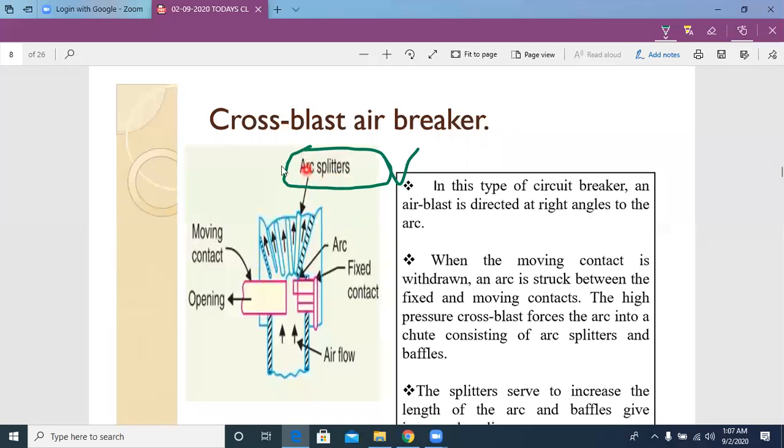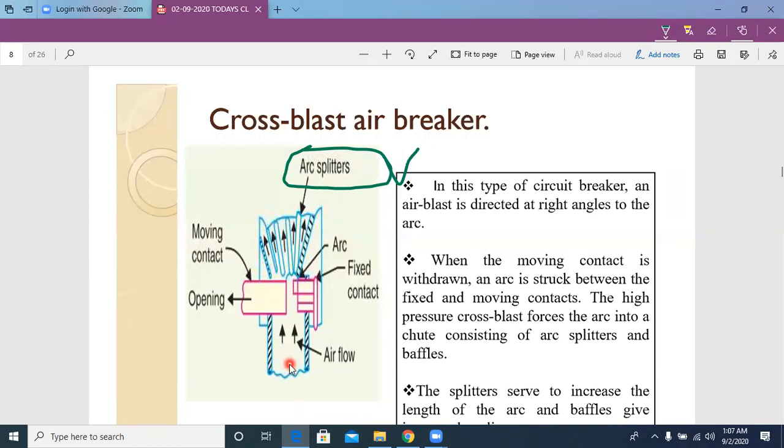Okay. So here it is, arc splitters. We know the advantage and importance of arc splitters, because of arc splitters we can increase the arc path length. Let's see some important things in this diagram. This one is the fixed contact, this one is the moving contact, and this one is the air, that means pressurized air.